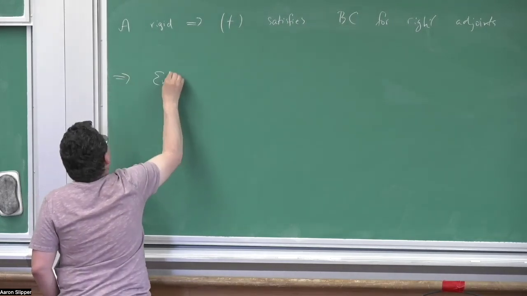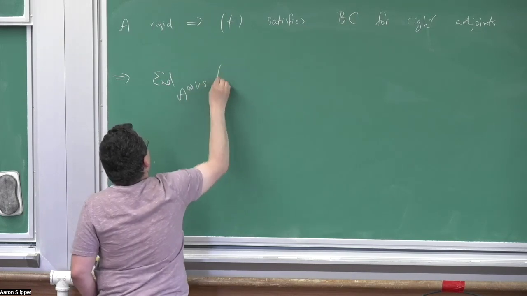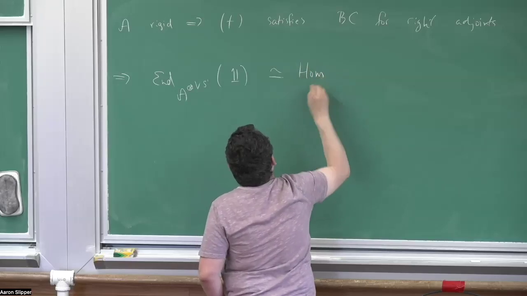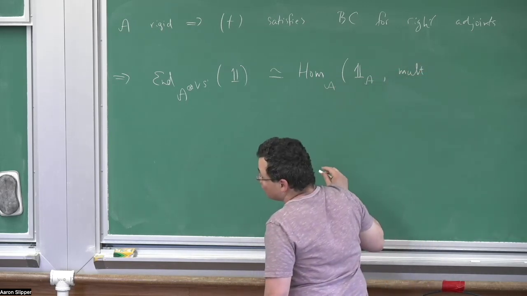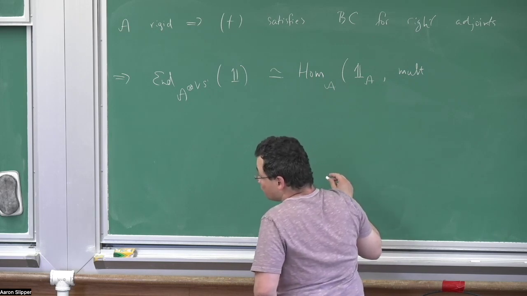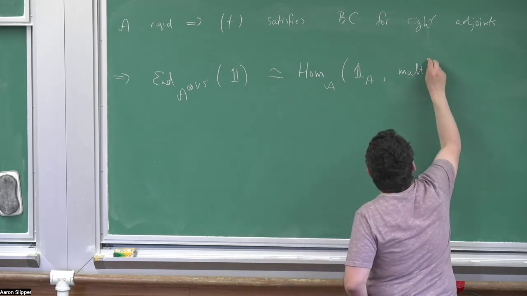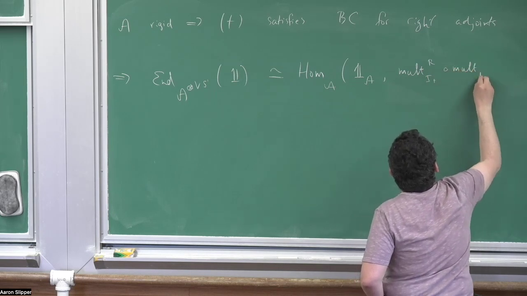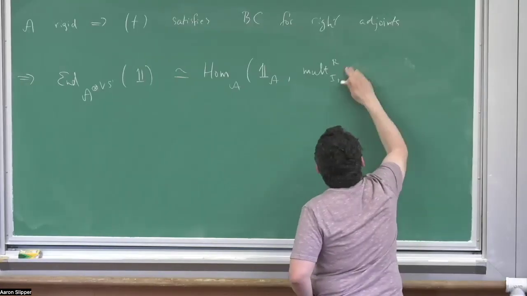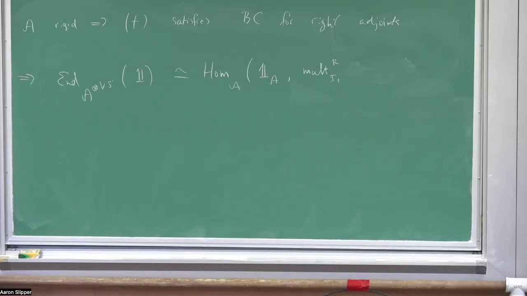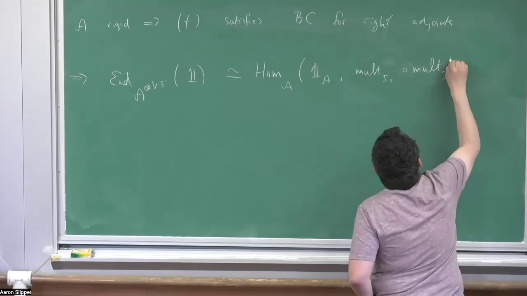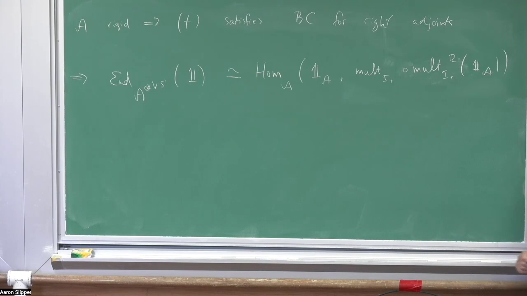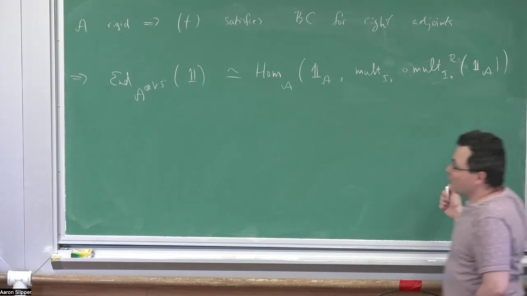The consequence of this is that endomorphisms of the unit object in this guy gets identified with endomorphisms in A of the unit of A. This is what base change gives.